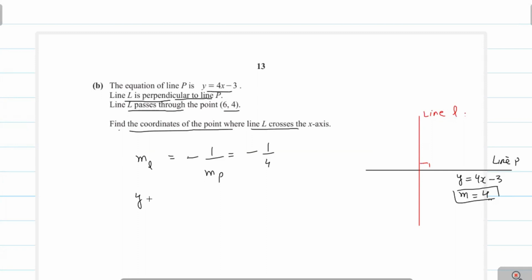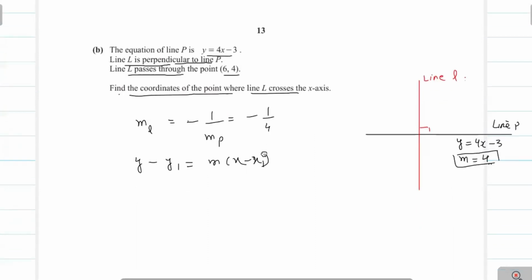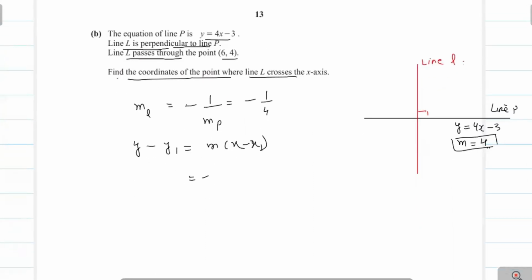The equation of this line will be y minus y1 equals m times (x minus x1), and the gradient here is -1/4. The line passes through (6, 4). Therefore, we substitute the values here: x1 is 6 and y1 is 4.